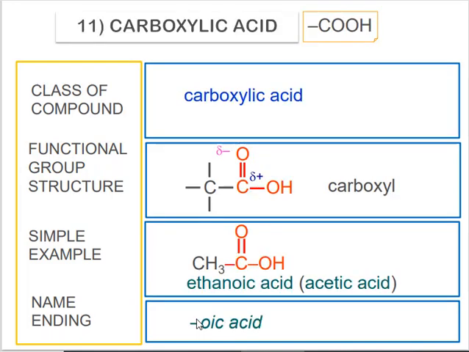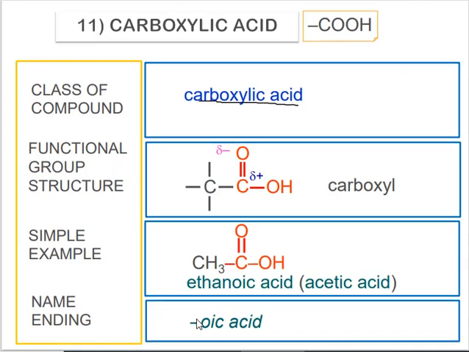We will continue with carboxylic acid. I think most of you must have heard about it during your SPM chemistry. It ends with C double bond O OH. The name of the functional group is carboxyl.